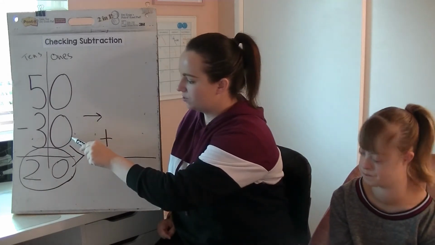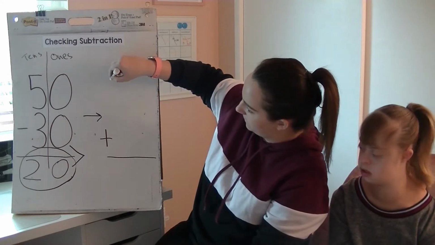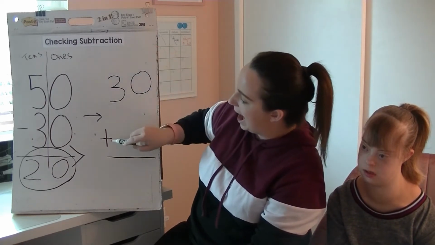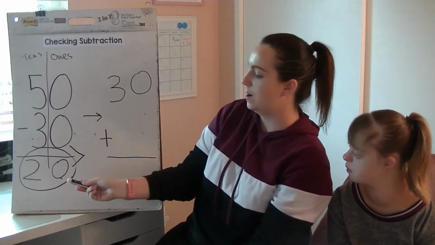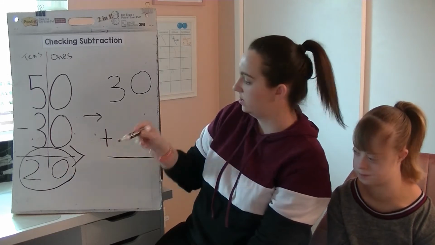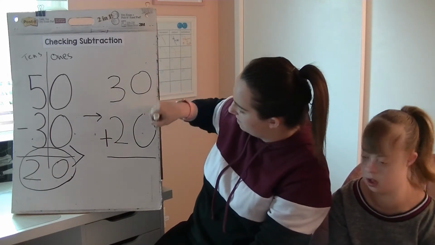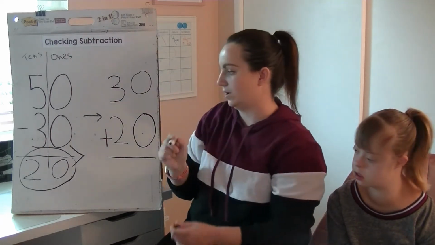I'm going to take the number I subtracted, 30. Then I'm going to add it. We got to switch from subtraction to addition. I'm going to add the answer I just got, 20. And let's see if I got the whole or the big number I subtracted from. Okay?